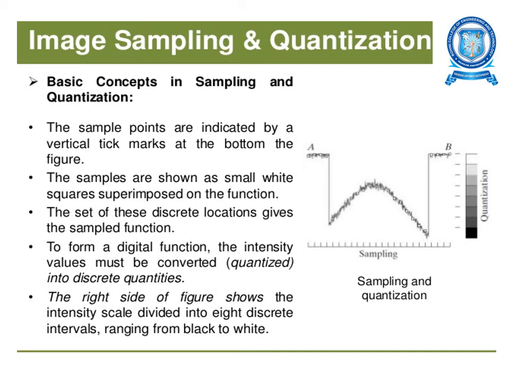To form a digital function, we convert the intensity values to quantized discrete quantities. The right side of the figure shows the intensity scale. It varies from darker shade to lighter shade, which is called the intensity gray level, ranging from black to white, that is, different gray levels.